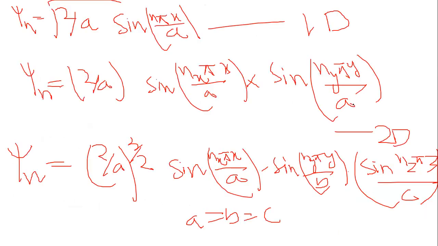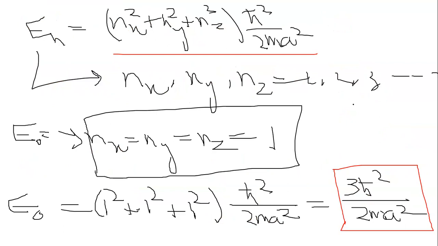So can anyone tell me, if nx, ny, and nz are all one for the ground state, then what will be the values of nx, ny, and nz for the first excited state of the particle? Can anyone think of it?